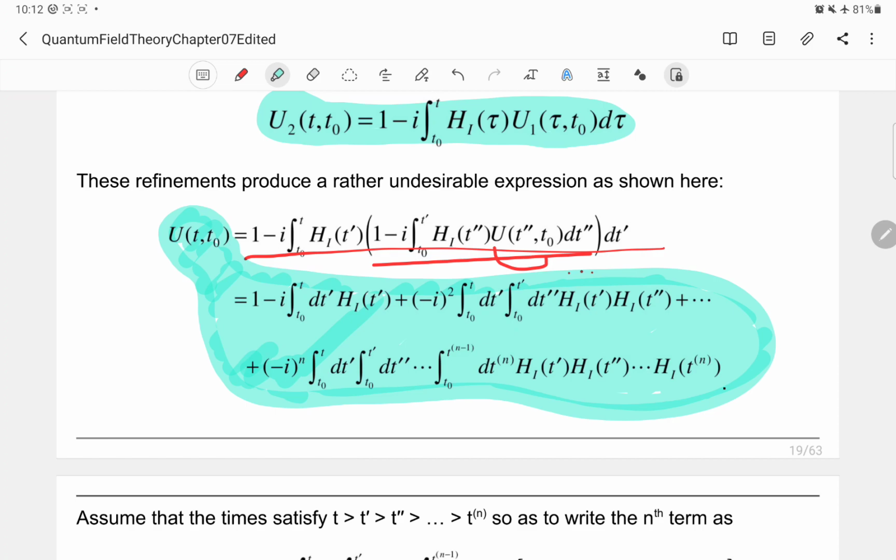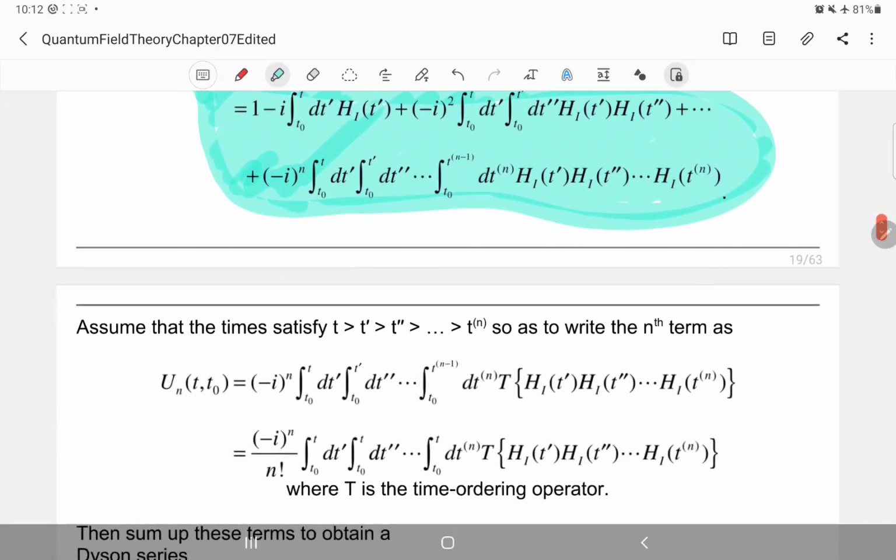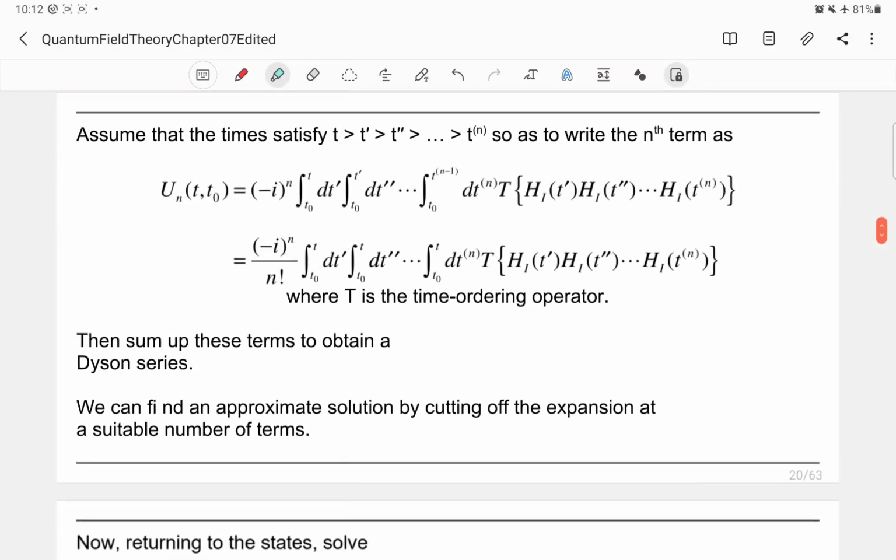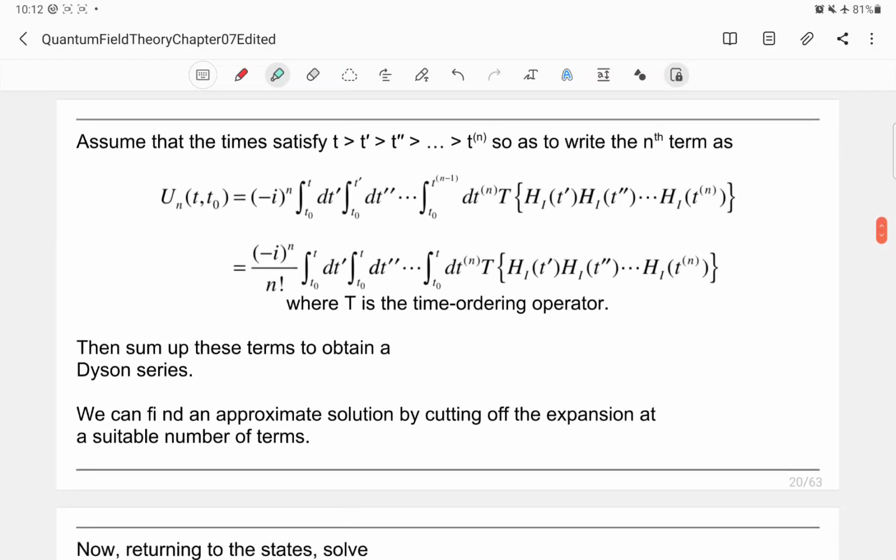So assuming that the time satisfies this one here, so there's time ordering. So we assume that the time satisfies this. So we can write the nth term as this one.